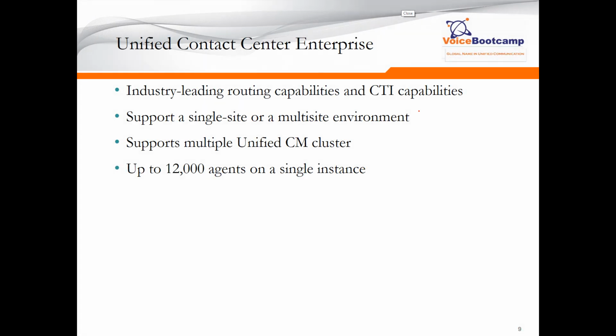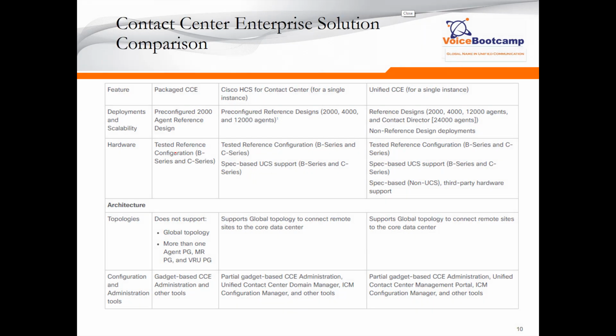The enterprise edition has more industry-leading routing and CTI capabilities, supports single-site or multi-site environments, supports multiple call manager clusters, and can support 12,000 to 24,000 agents. I believe there's an additional product we have to use to reach 24,000 agents. That product is called Contact Director.